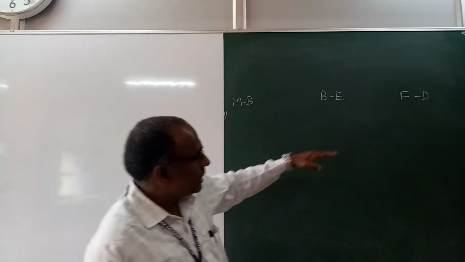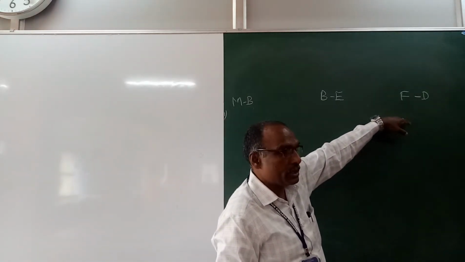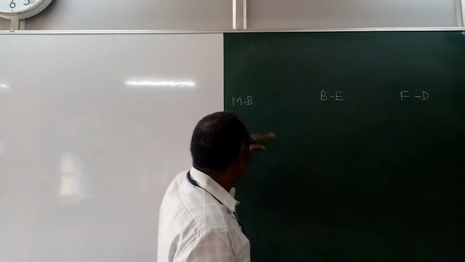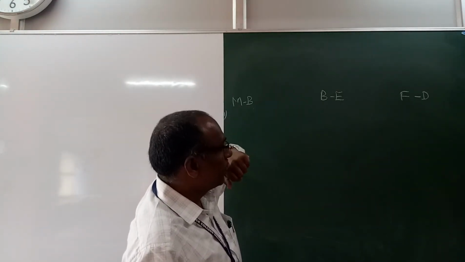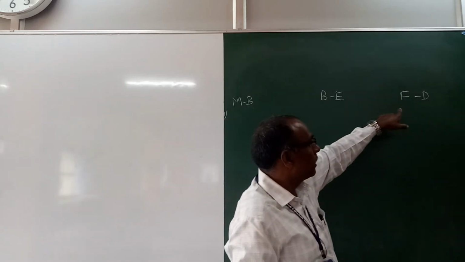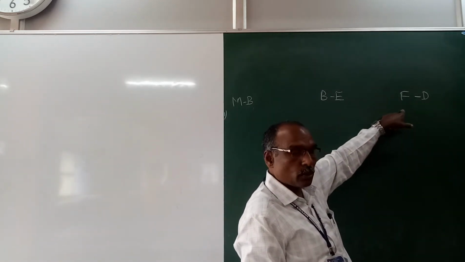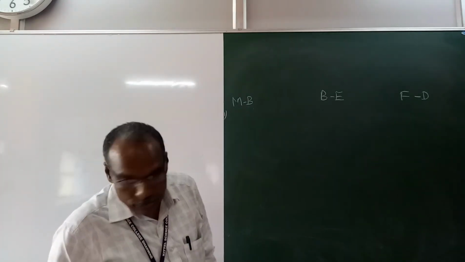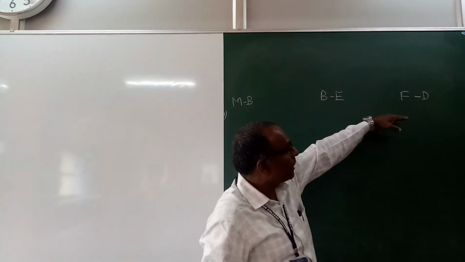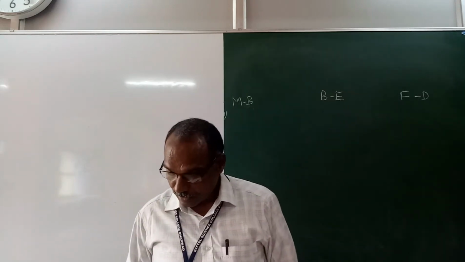But there is a restriction in FD statistics, because these two statistics do not obey the Pauli exclusion principle, whereas this statistics obeys the Pauli exclusion principle. So one particle in one energy state.